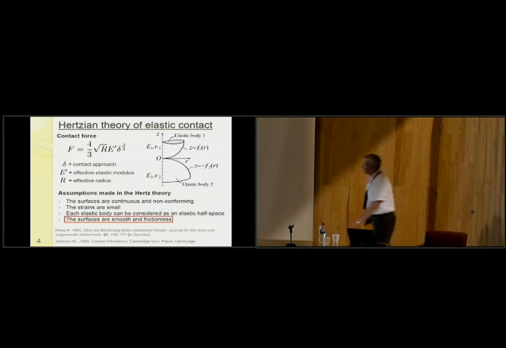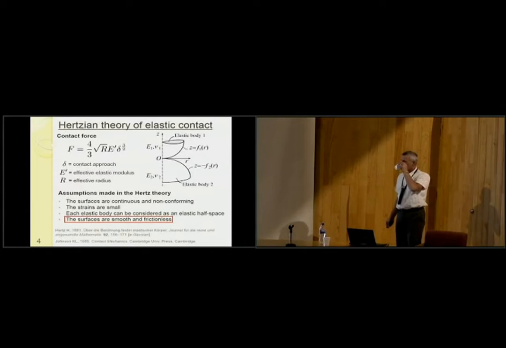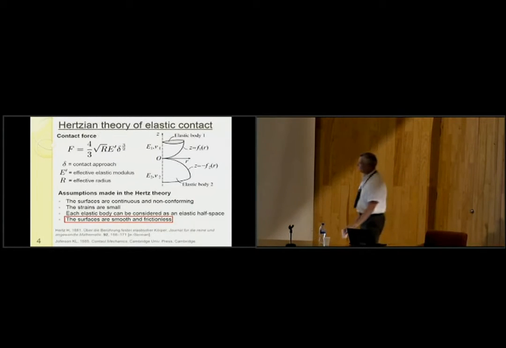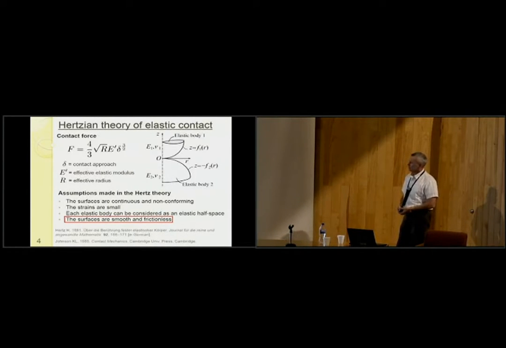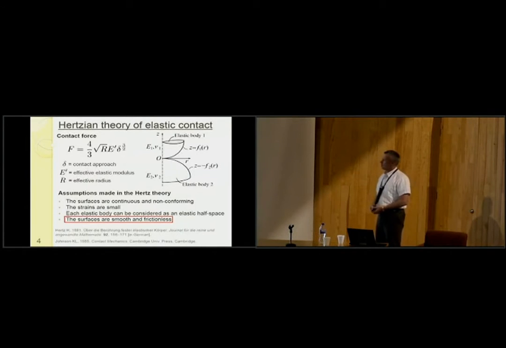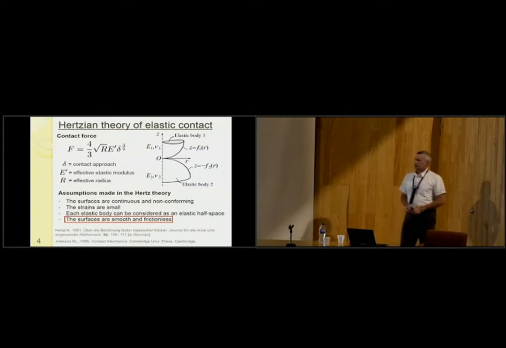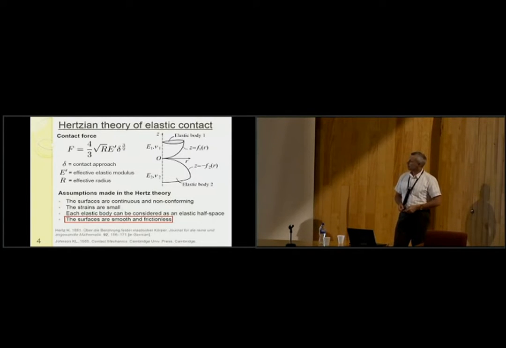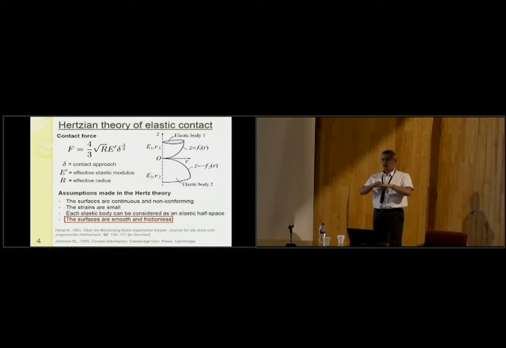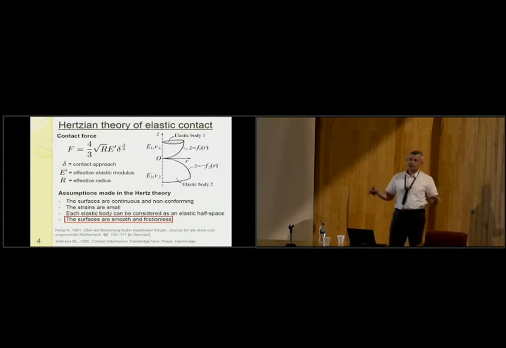Hertzian theory of elastic contact is based on several assumptions. Among these simplifications is the assumption that surfaces are very smooth. However, in engineering it is well known that when we put a very smooth surface under a microscope, we will see that a surface perfectly smooth at macroscale becomes rough at microscale.